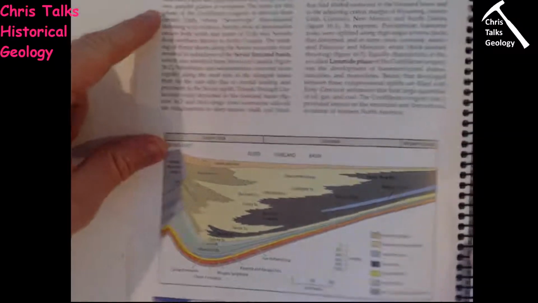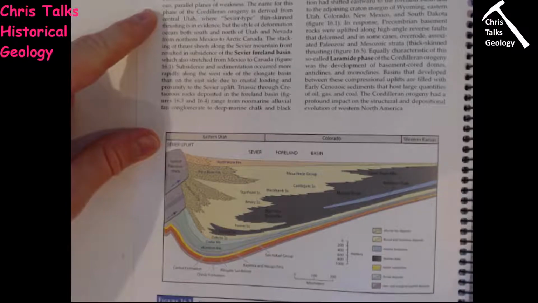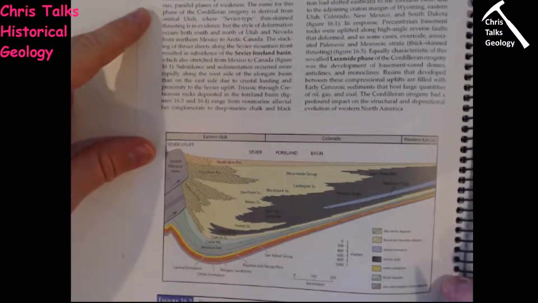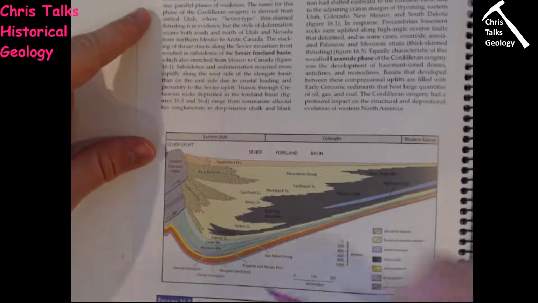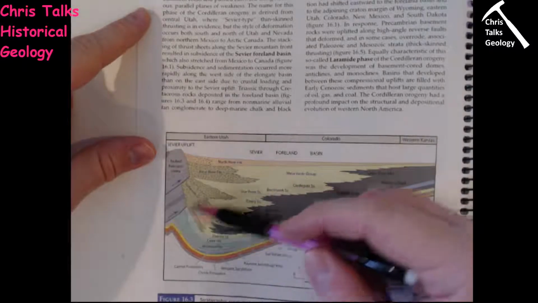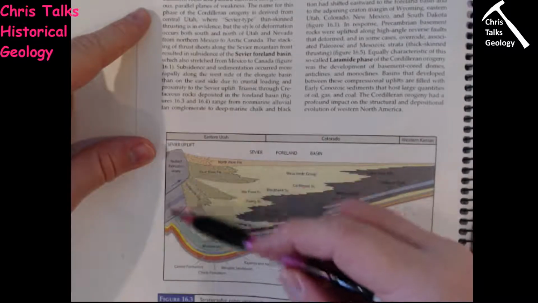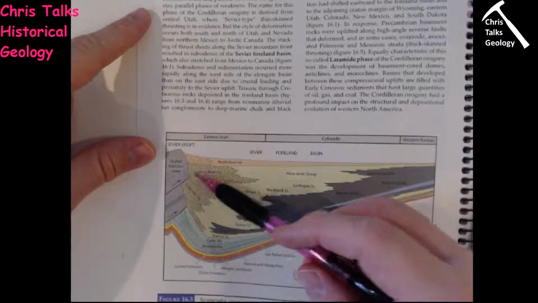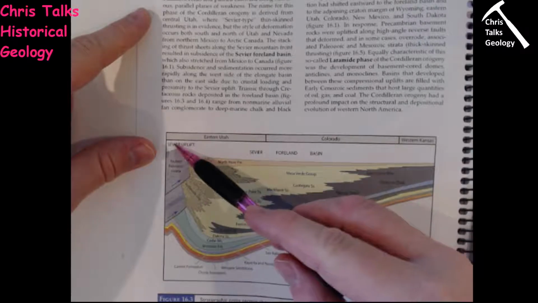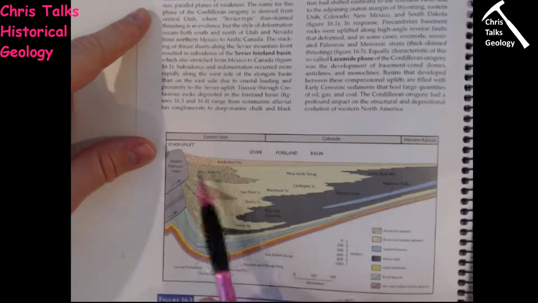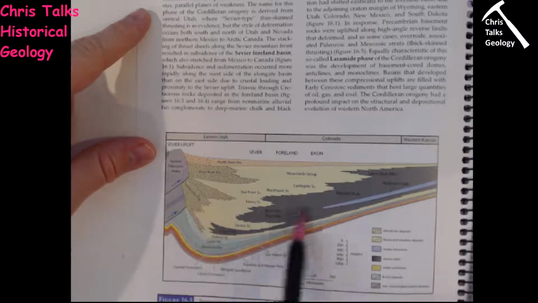And here we have the Sevier Foreland Basin. Over here we have the elevated terrain, the high ground of the Sevier Orogeny. And this high ground was being eroded and it was depositing sediments into a small basin to the east.